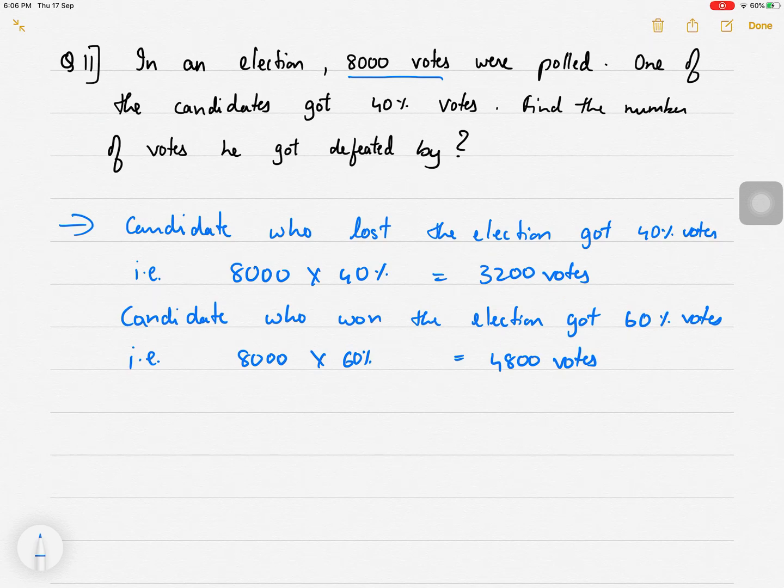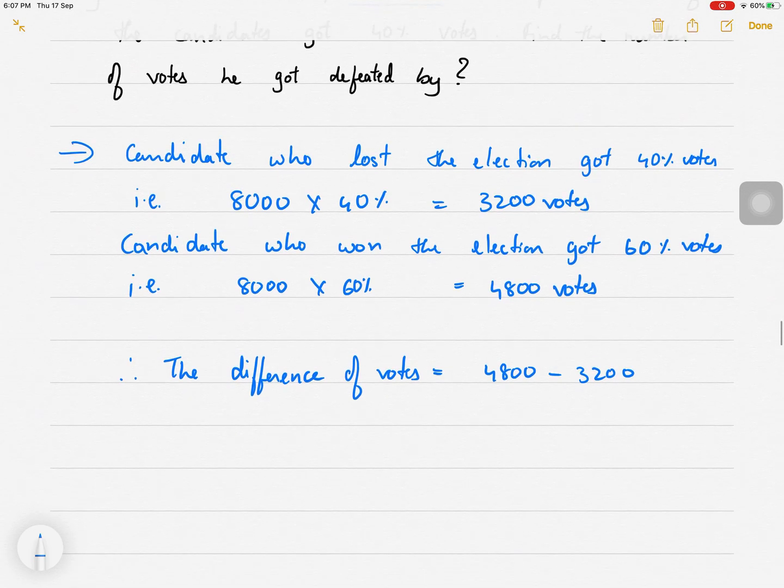Find the number of votes he got defeated by. That means the difference, right? So therefore, the difference of votes is 4,800 minus 3,200 votes, which comes to 1,600 votes.